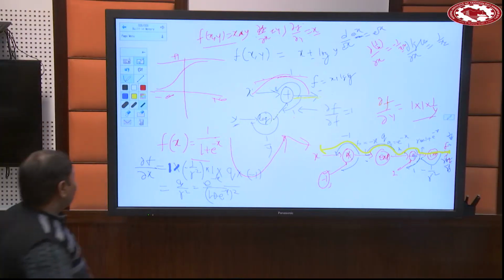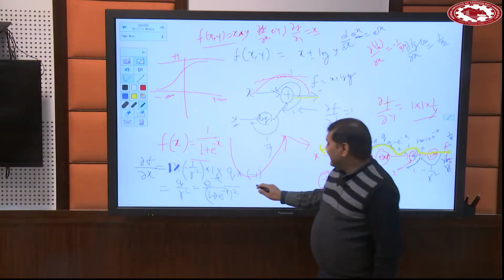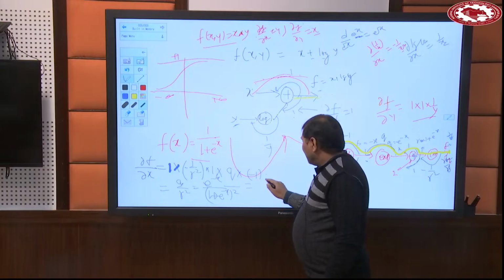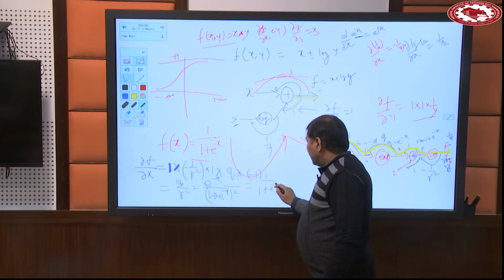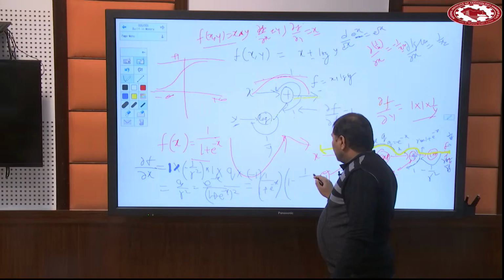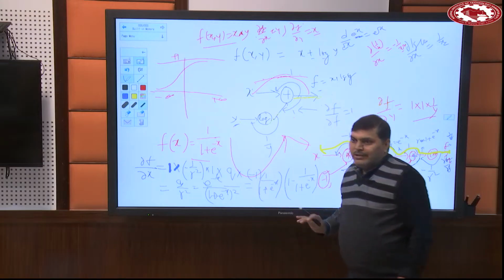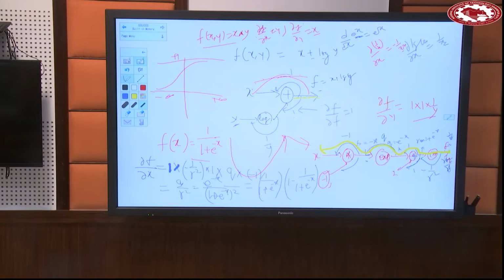And you can write it simply as 1 upon 1 plus e power minus x into 1 minus 1 upon 1 plus e power minus x. Both are equivalent. You just check it.